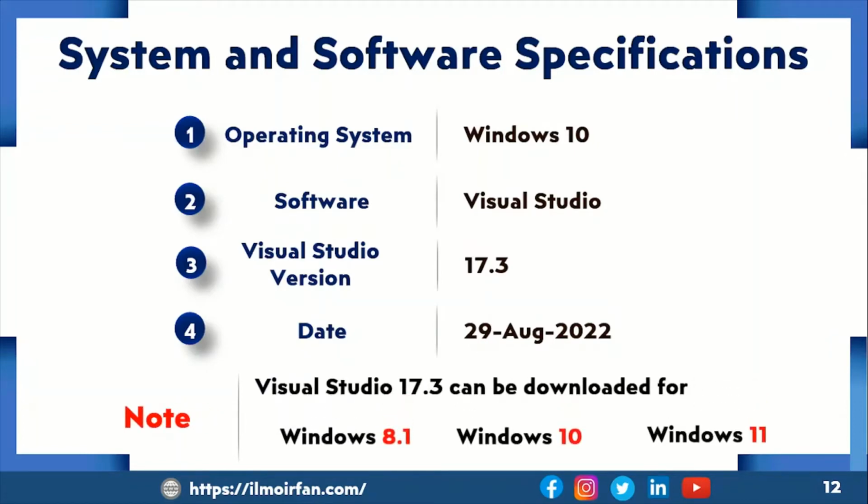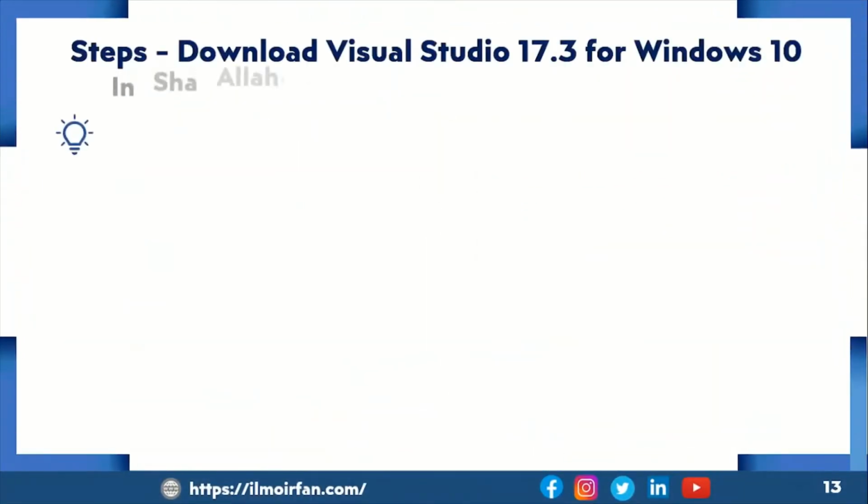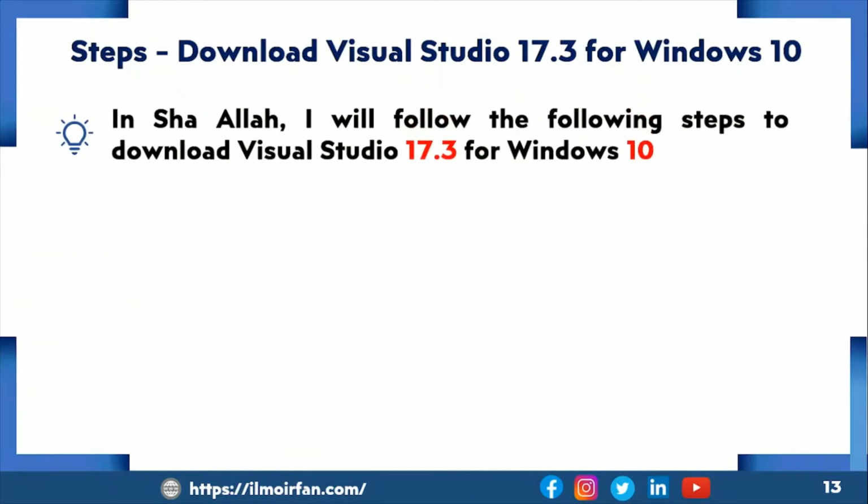Note that Visual Studio 17.3 can be downloaded for Windows 8.1, Windows 10 and Windows 11. Inshallah, I will follow the following steps to download Visual Studio 17.3 for Windows 10.